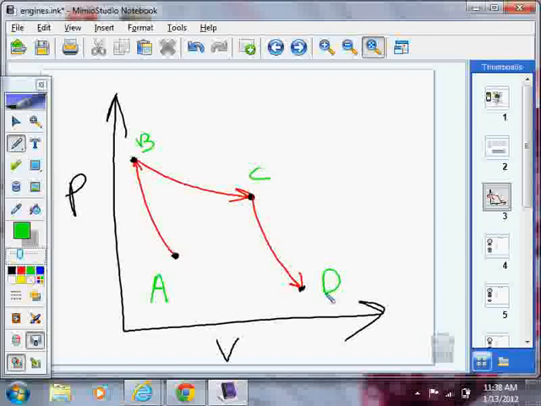And then the whole cycle starts over again. So if you ever see a problem with a PV graph where you have a closed loop like that, it's either going to be an engine or it's going to be a refrigerator.